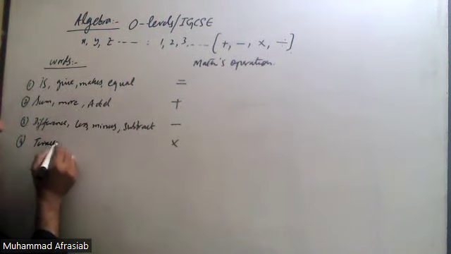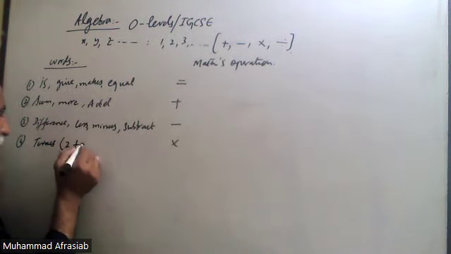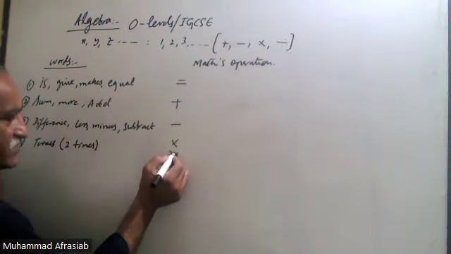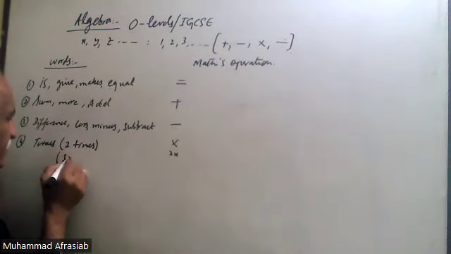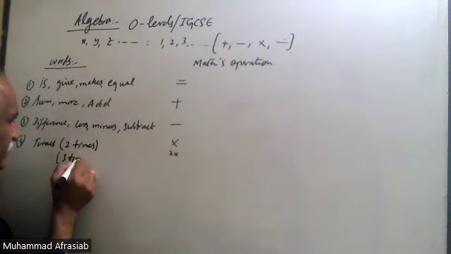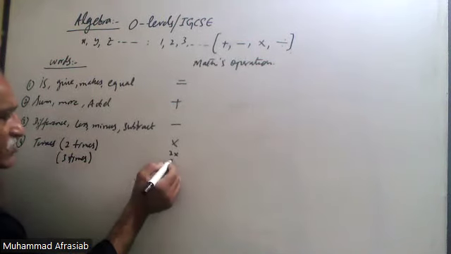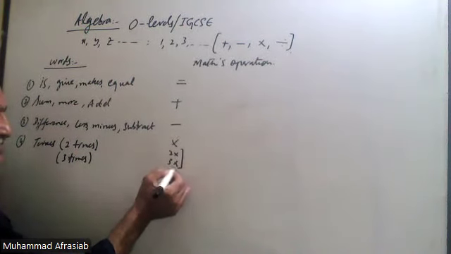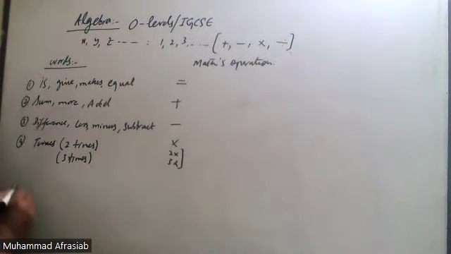For example, 2 times x becomes 2 into x. If it is 3 times x, then in mathematics we write this as 3x. So this is the multiplication sign there.